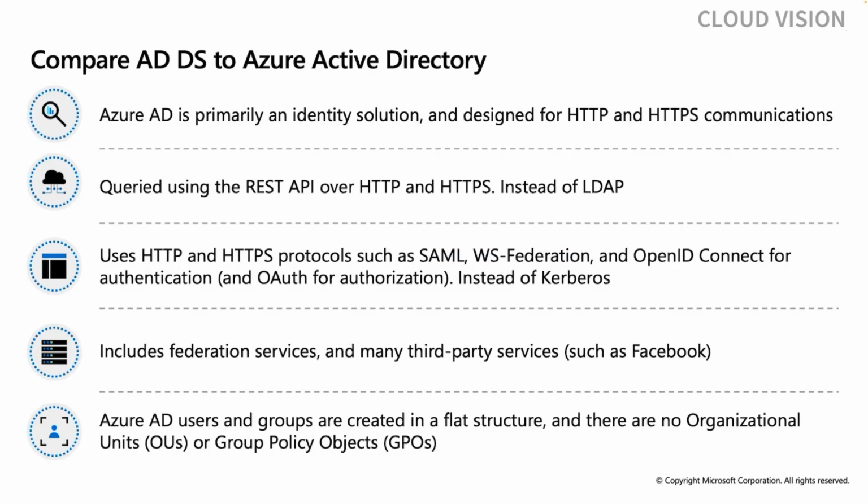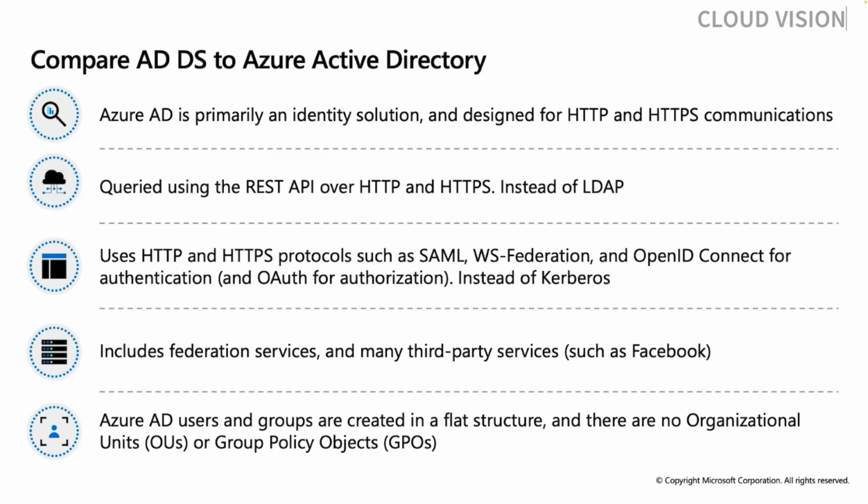It uses similar HTTP, HTTPS protocols, but with SAML, WS-Federation, and OpenID Connect for authentication, which we also call OAuth authorization, instead of Kerberos. So that's how it differentiates compared to ADDS.